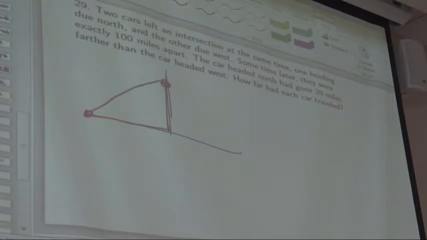The distance between these two is 100, and north is faster, so it goes 20 miles further. If I let this be x, this distance is x plus 20, and this is a right angle. I want to find the x value, because when I get x I can also get y, the north direction.